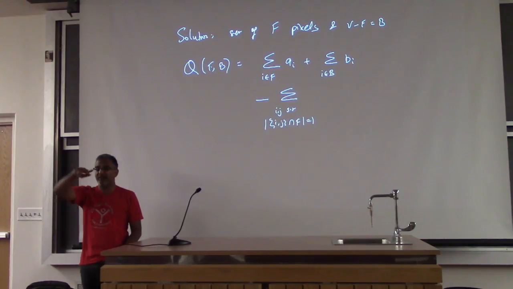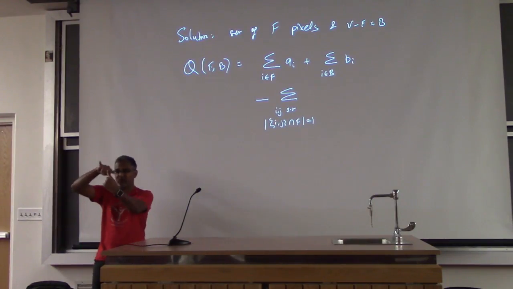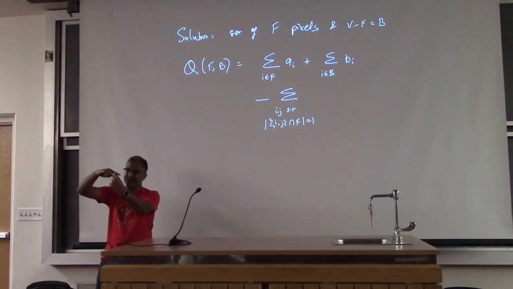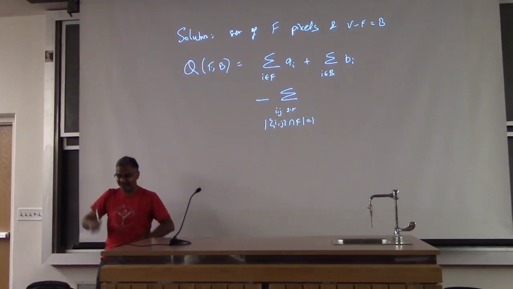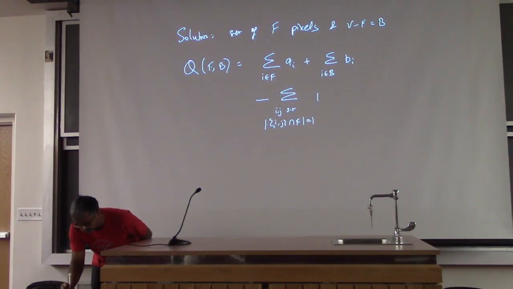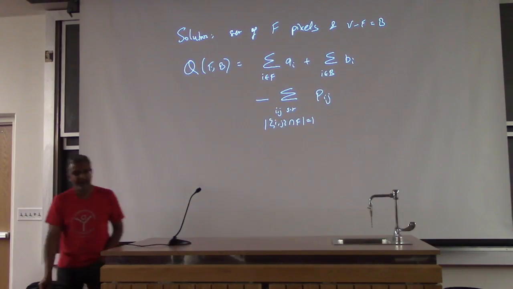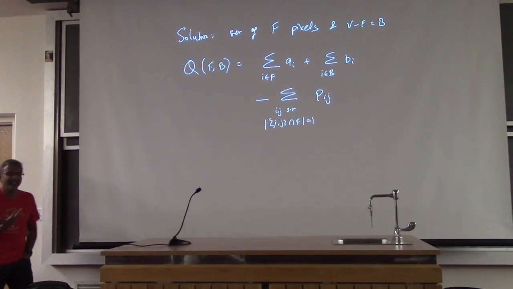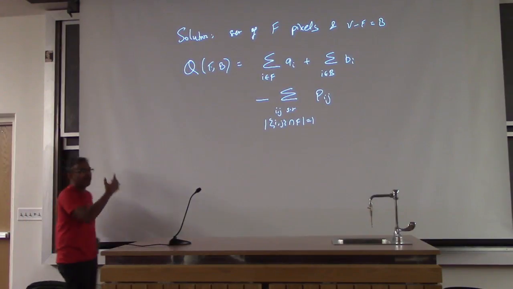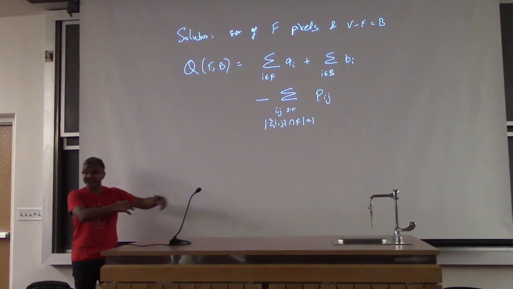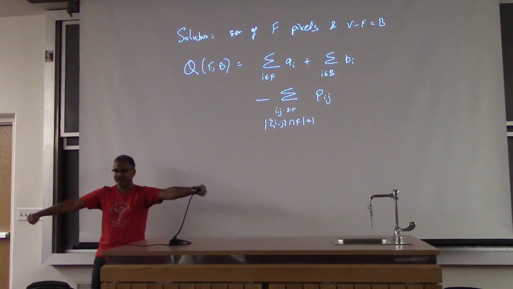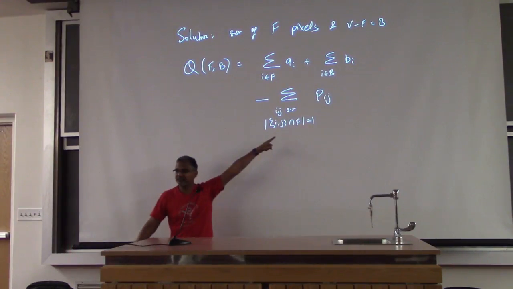So exactly one of i and j is in f, so the edge is going across. This is just a shorthand way of saying either i is in f or j is in f, but not both. So we're subtracting because these were pixels that were meant to be together, and we separated them out. And so we're paying a penalty for this.